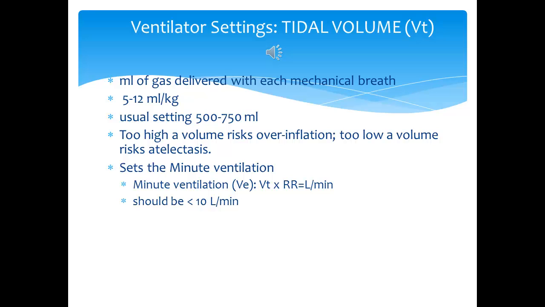So, trauma to the lungs from high tidal volumes. So we're definitely seeing lower tidal volumes as a result of that research. Too high a volume risks overinflation, too low a volume risks atelectasis.